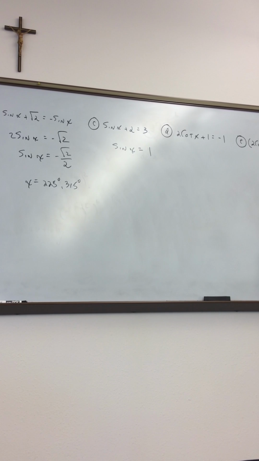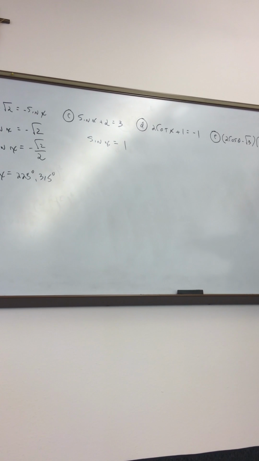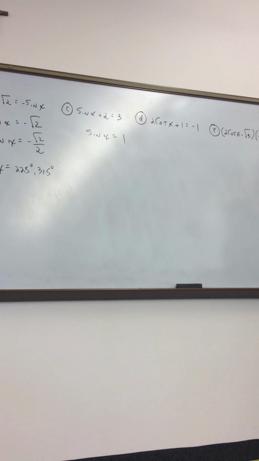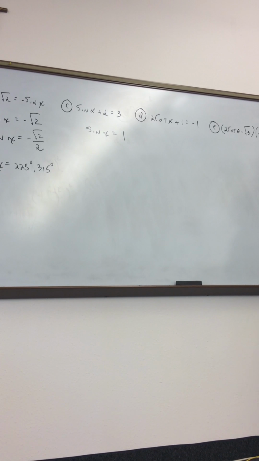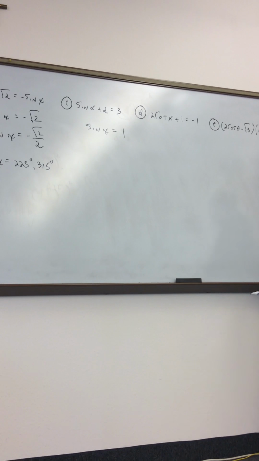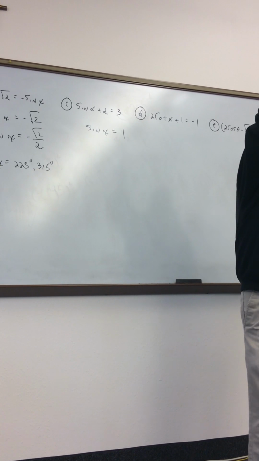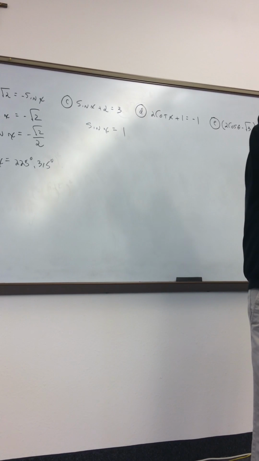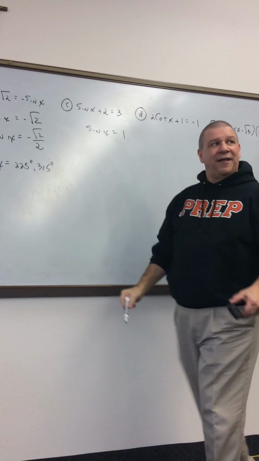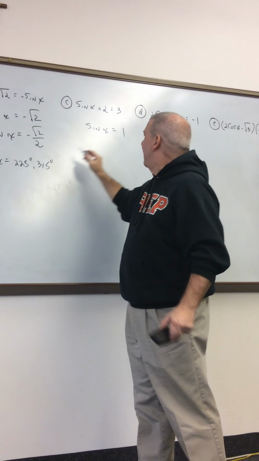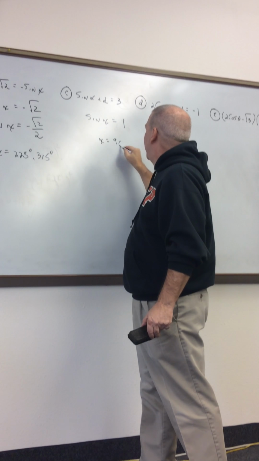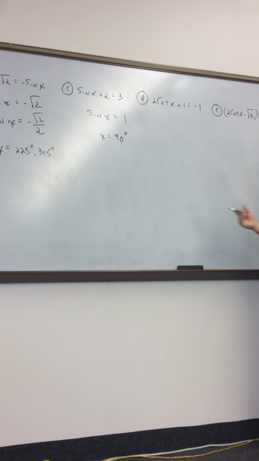See that unit circle stuff, right? Quadrant angles? What's the angle? The sine of what angle is 1? 90. Because at 90, what's the point up there? 0, 1? Isn't the sine the y coordinate? The stuff you've been learning all year, it's still there. X equals 90 degrees. There's only one answer there.